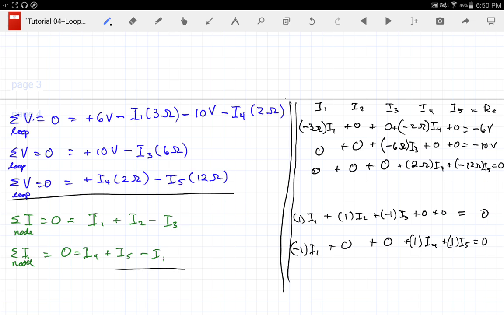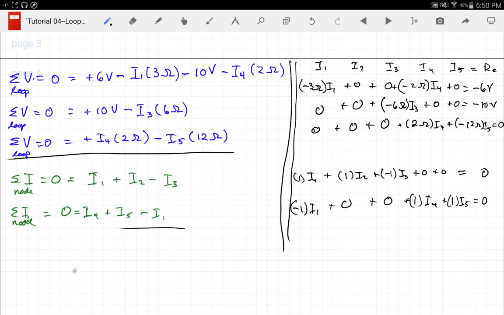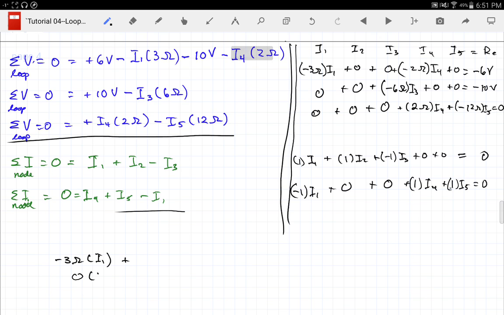Now, those are kind of squished, so I am going to, once again, rewrite them, spreading it out a little bit. I want to do them here so you could see the equations translating. Rewriting those, I have minus 3 ohms times I1, 0 times I1, 0 times I1.